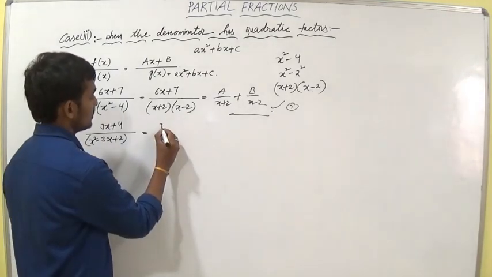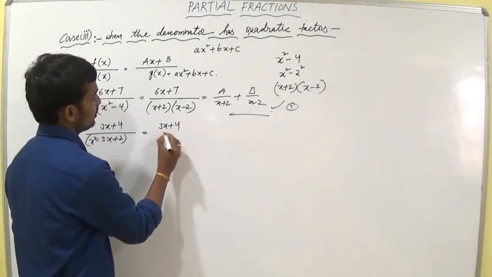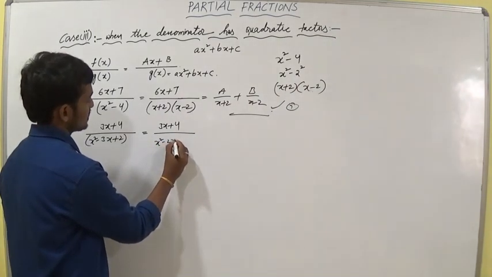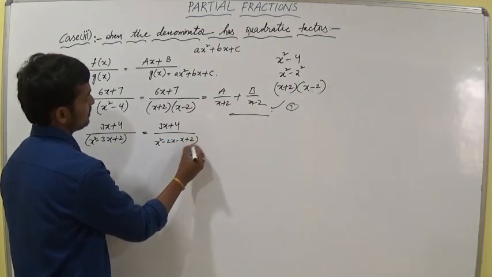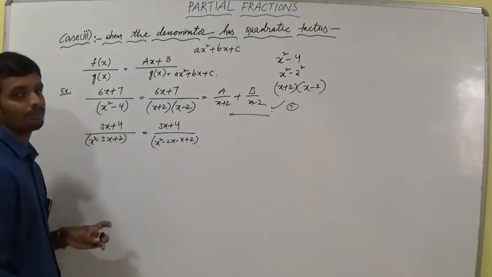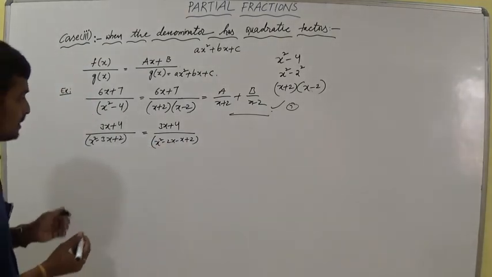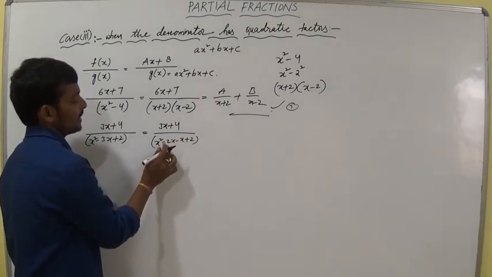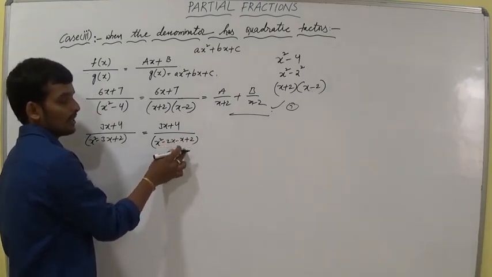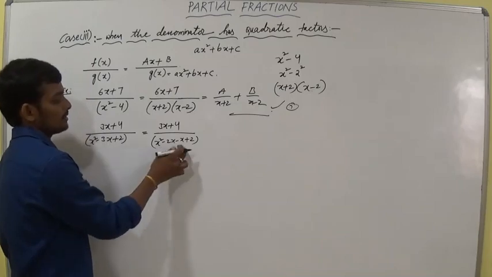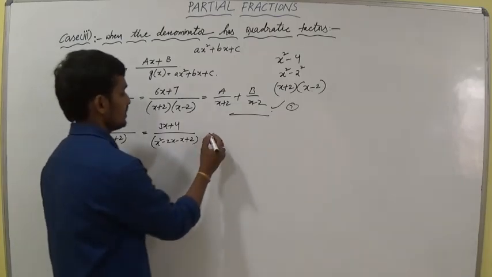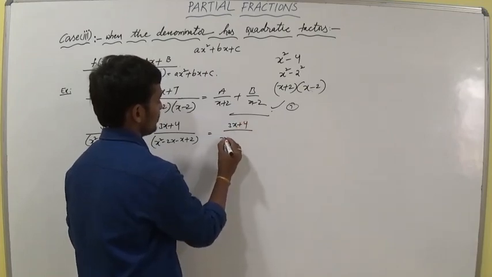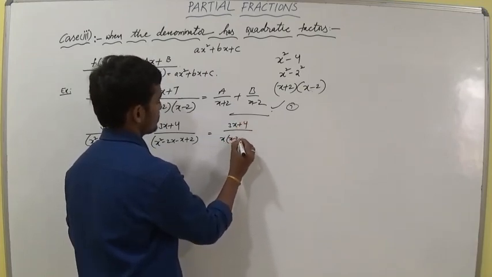So I am writing 3x plus 4 by x square minus 2x minus x plus 2. Is this right? x square minus 2x minus x plus 2. Minus 2x minus x is minus 3x, and minus into minus, plus 2 ones are 2. That means that is equal to 3x plus 4 by, if I take x common here, I get x minus 2.